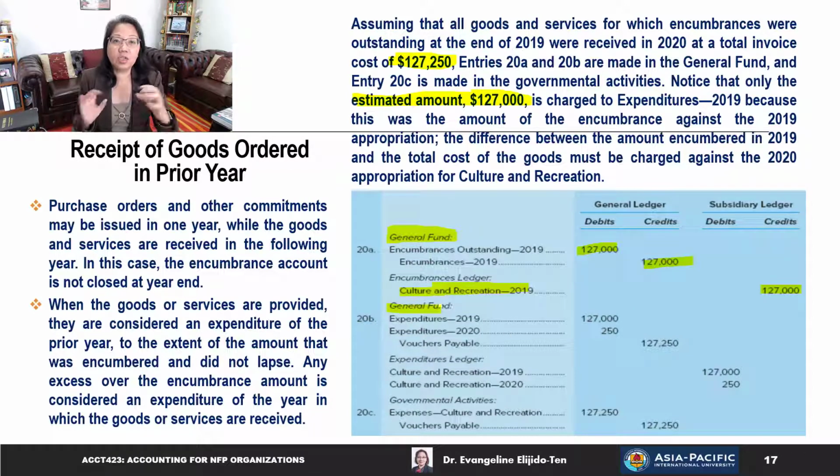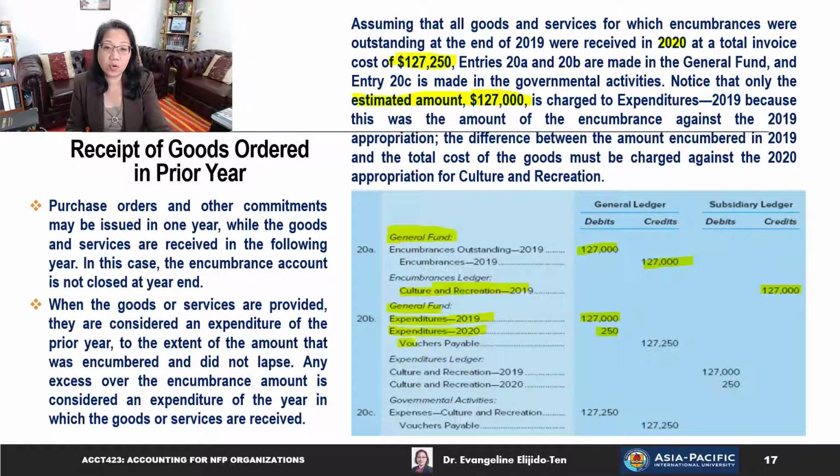Now, we are in 2020, and this is when we actually pay for this $127,250 because we received it in 2020. So our journal entry would be to debit expenditures 2019 for $127,000, and the difference, the $250 that is received in 2020, we will record as expenditures 2020 for $250.